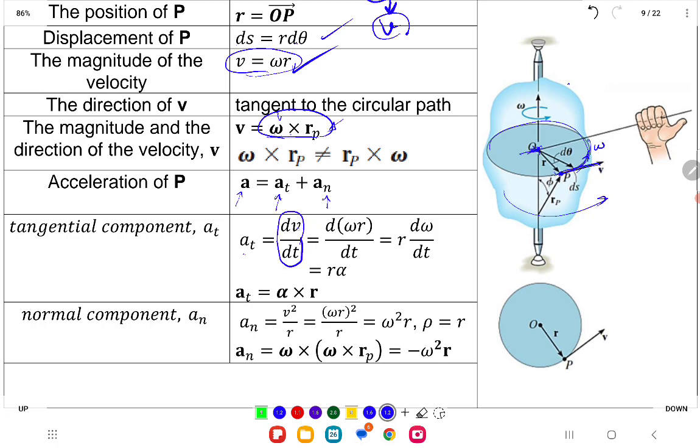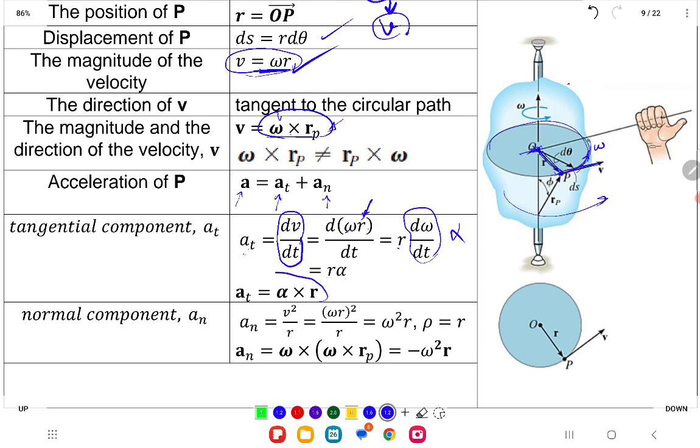Since we know the velocity is equal to omega times r, you replace the velocity by omega r and differentiate. The radius is constant, it's fixed in this diagram, so take it outside. What's left is d omega by dt, which is equal to the angular acceleration alpha. So the tangential component of the acceleration is equal to the radius times alpha, the angular acceleration.